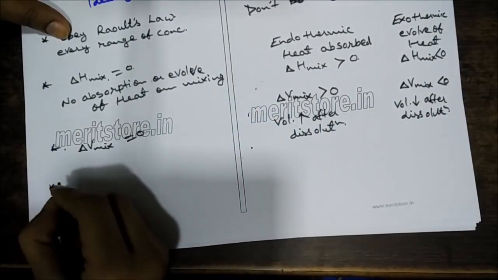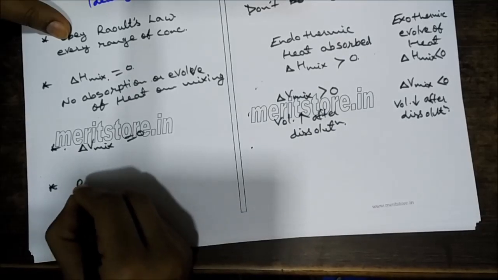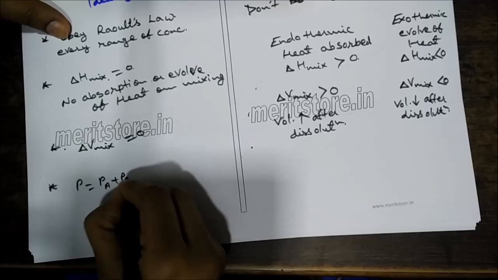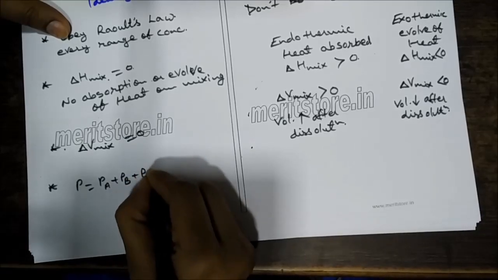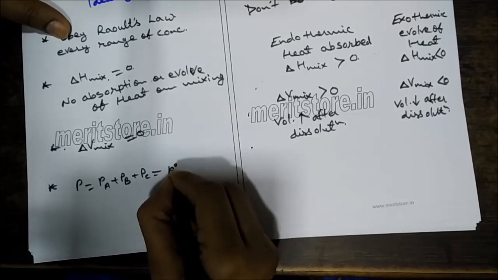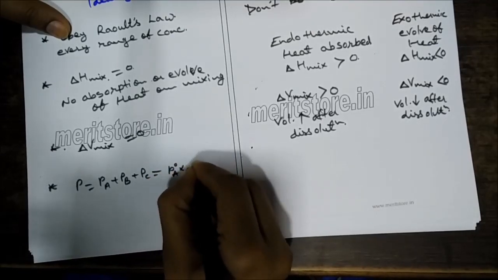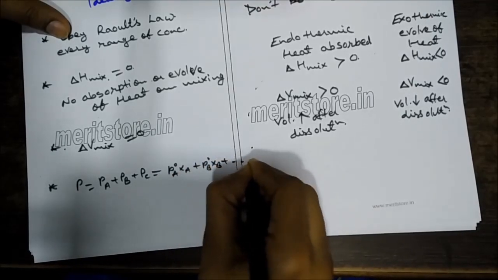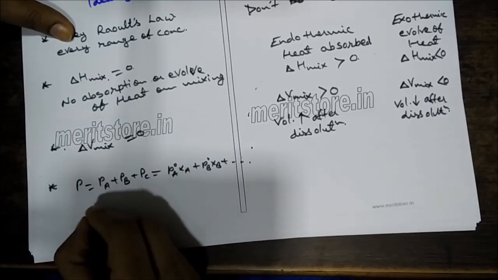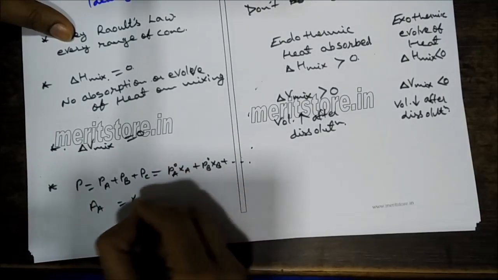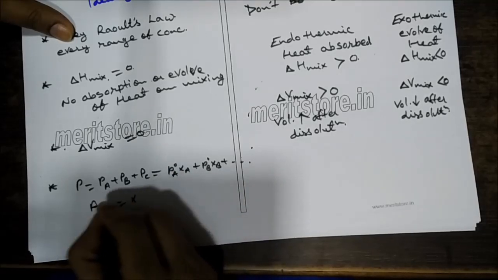The next is pressure. Total pressure of all the components will be equal to P naught A XA plus P naught B XB and so on, as we know that PA is equal to P naught A XA.